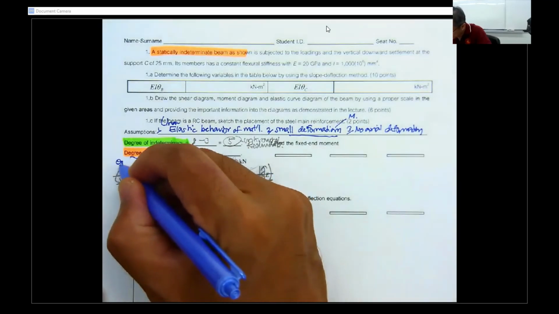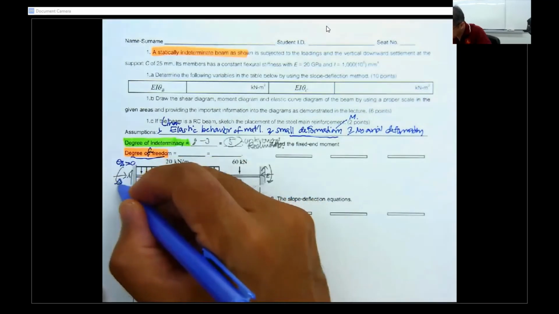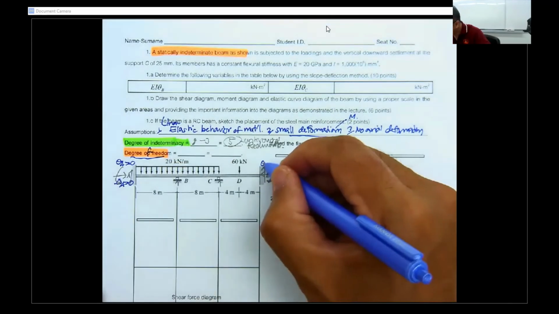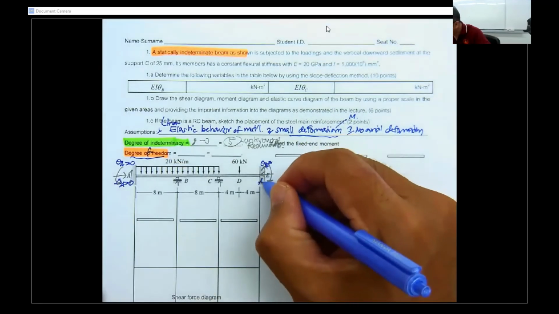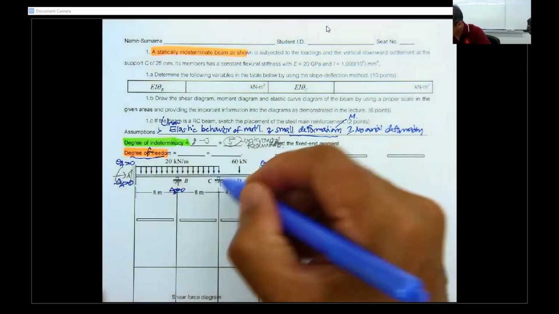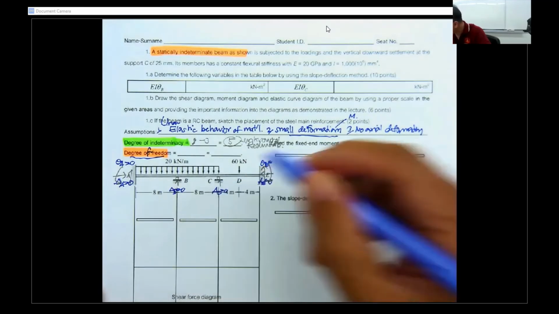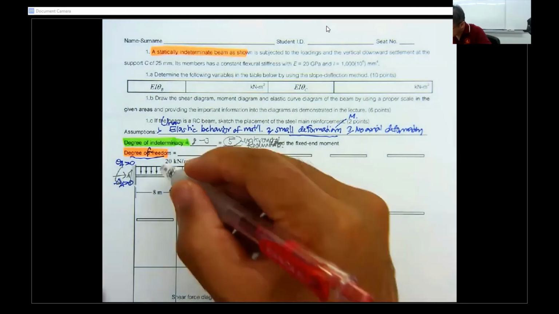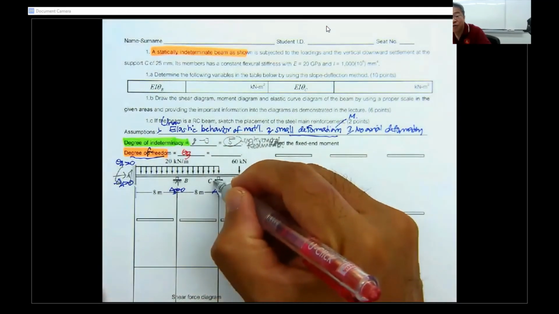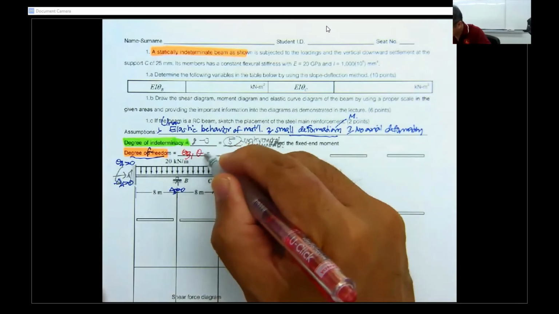So theta sub A is 0, delta sub A is 0, theta sub E is 0, and delta sub E is 0. Also we have delta sub B is 0, delta sub C is 0. So there is only theta sub B, and also over here theta sub C. So you have only 2.